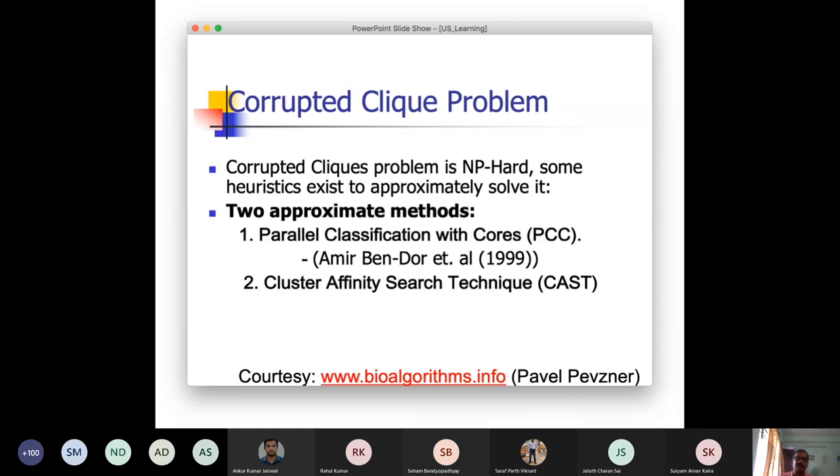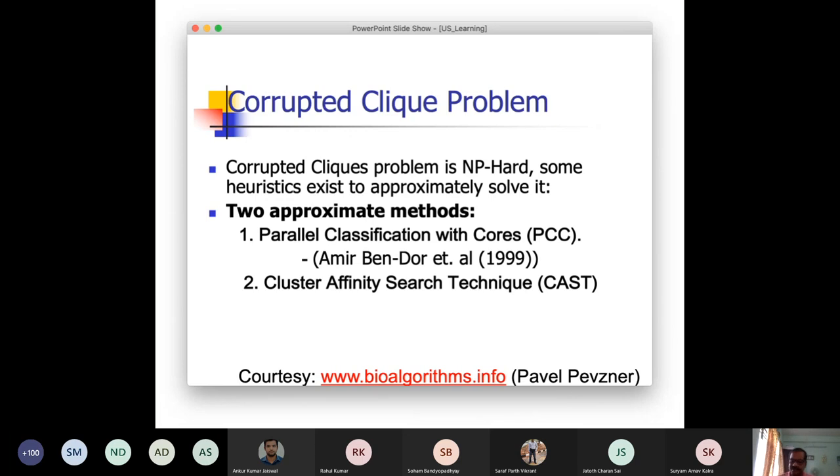There are 2 methods that I'll be discussing. One method is directly trying to solve this problem. Another method is a heuristic, which does not directly ensure the cliques but tries to solve the problem in a heuristic fashion.